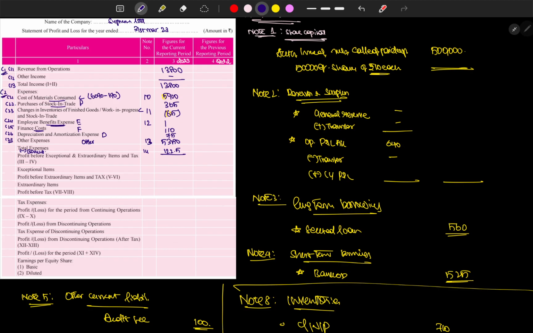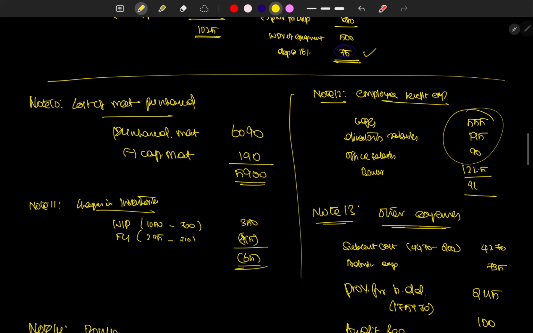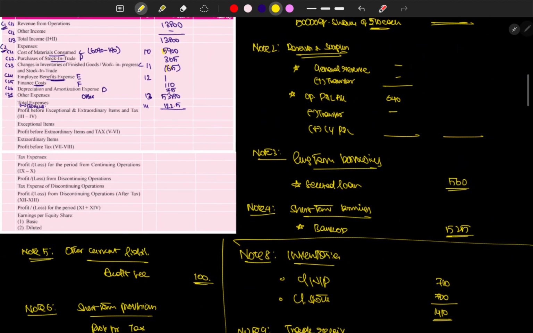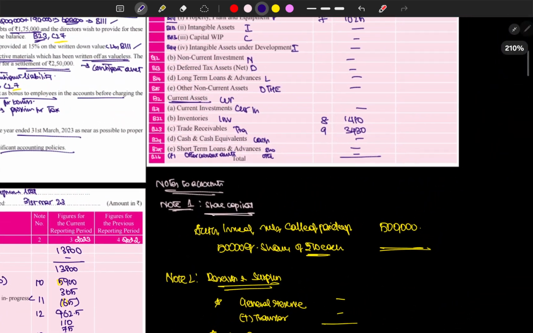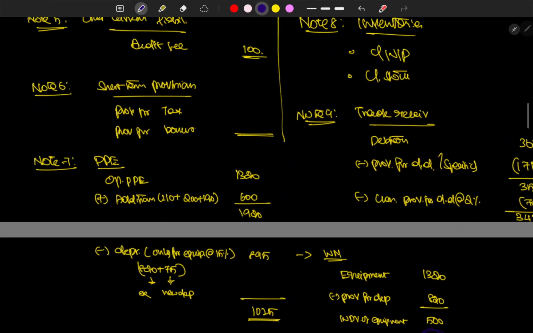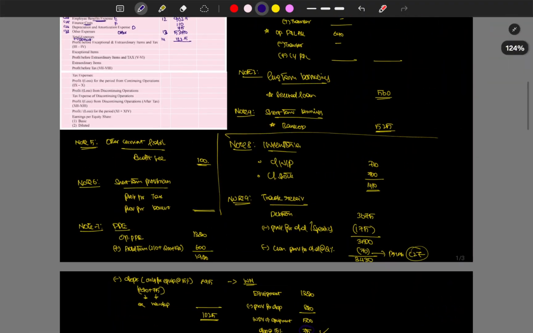Okay, so 122.5, 555, 195 plus 90, 122.5, which is 962.5. Okay, any other provision for bonus? Okay, let's put the provision for bonus here, which is note number 4, right?